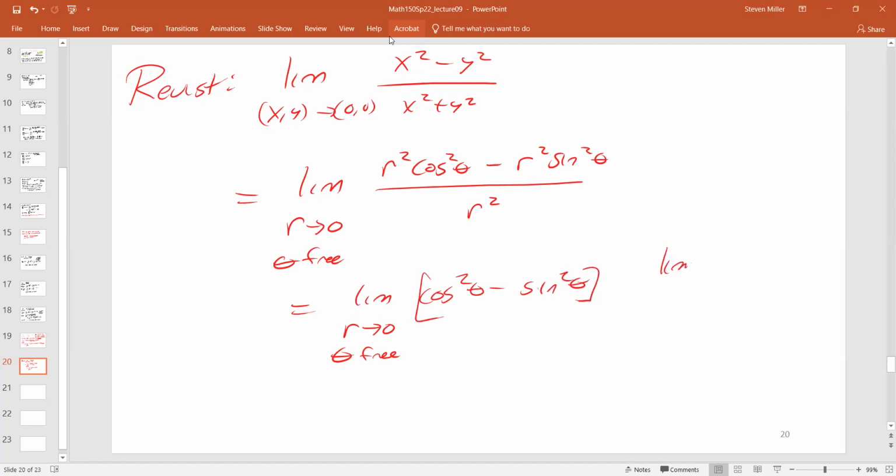And now we see the limit depends on what theta does. So depending on how theta varies, we get different things. If we take theta equals 0, we get 1. If we take theta equals pi halves, we get negative 1. So theta equals 0 gives 1, theta equals pi halves gives negative 1. What's another good choice for theta?